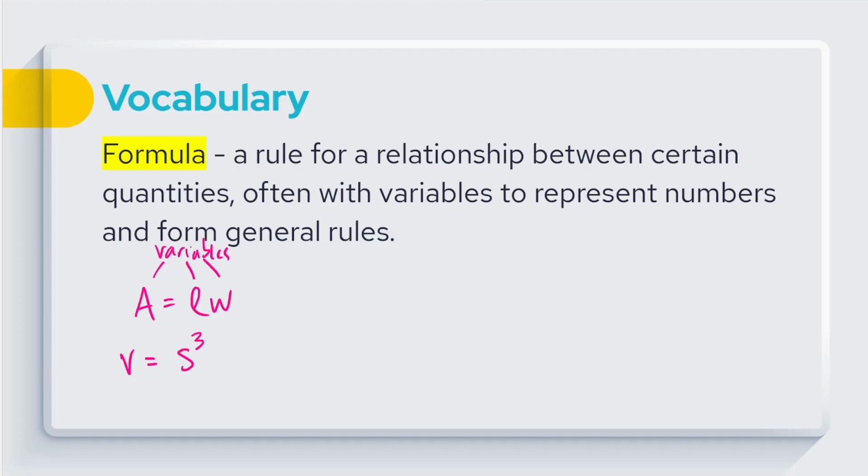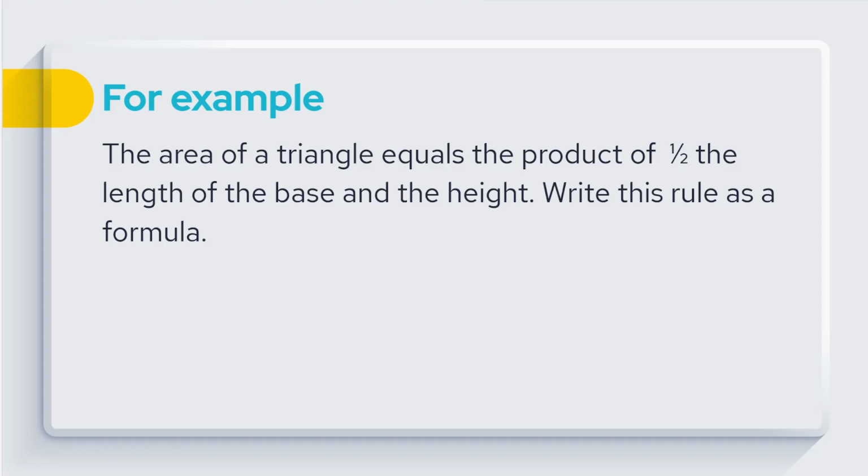Okay. Let's look at an example as we do. The area of a triangle equals the product of 1/2 of the length of the base and the height. Write this rule as a formula. Okay. The area of a triangle equals the product. Product is the end result of multiplication of 1/2 of the length of the base and the height of the triangle.